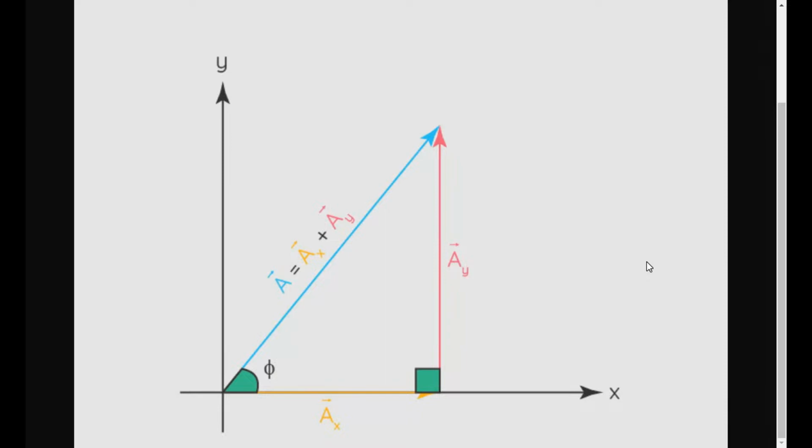Make A the value: A is 3, square, plus B square, which is 4 squared. 9 plus 16 is 25. So A square is 25, and the square root of 25 is 5.